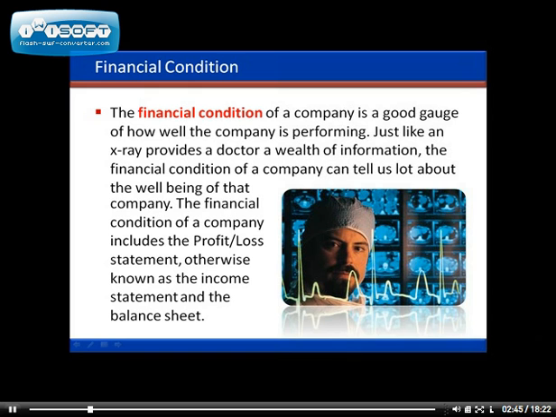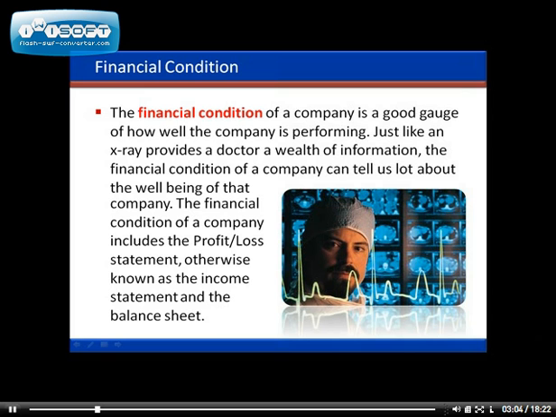Ways that you can figure out the financial condition are through analyzing the profit and loss statement, which gauges how much sales are made with the company, and it also details the actual profit, which is the sales minus all of the expenses that were incurred.